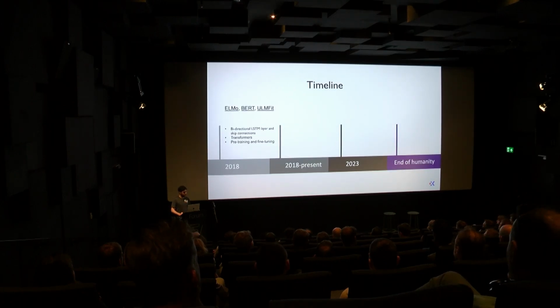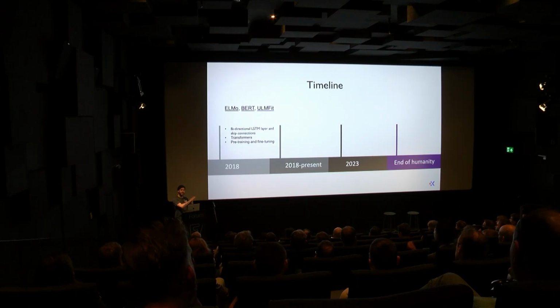And from here, 2018, bidirectional LSTM, long short-term memories, are RNN layers. So learning and predicting on a sentence from left to right and from right to left came to be, that was Elmo. BERT was one of the first very successful transformer algorithms that is still used very commonly today for word embedding.